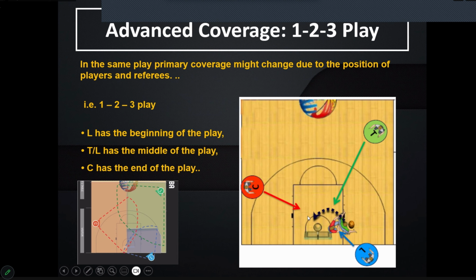And then when it gets over to this side, potentially the center may have it. So there are plays where, depending on what was happening and how the matchups were, a different official would have the open look at each part of that play. Please let me know if that makes sense to you. Someone tell me if it doesn't.